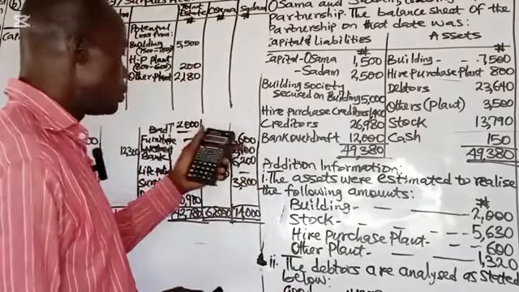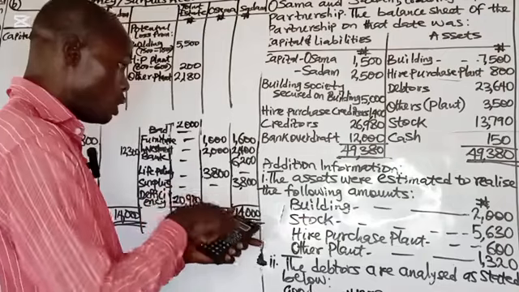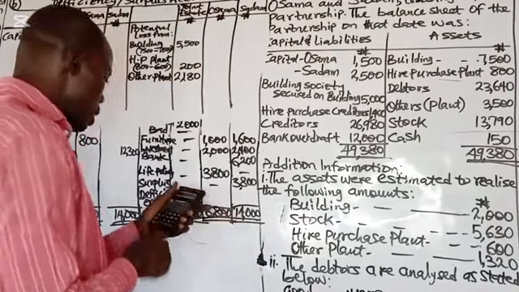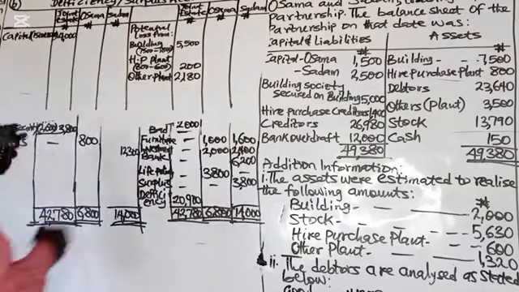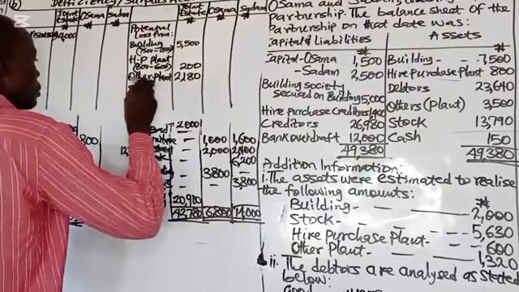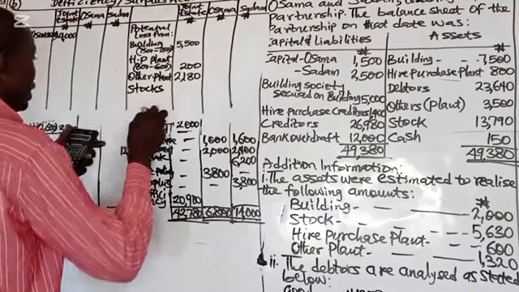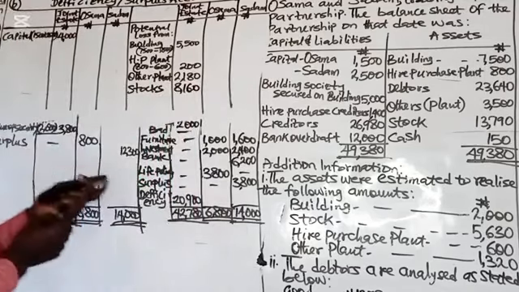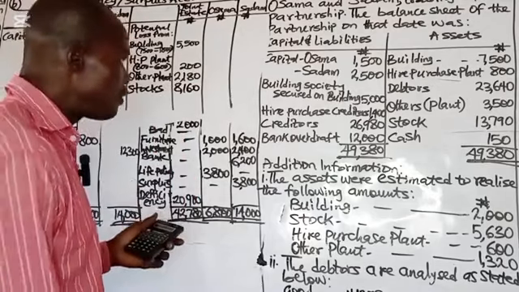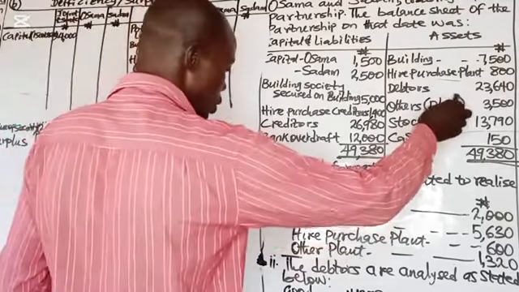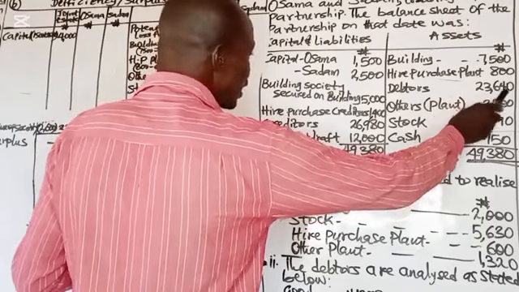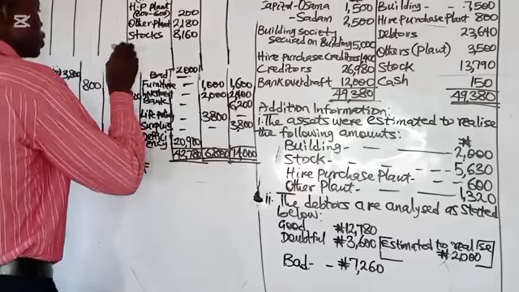I don't want my work to be too rough. That is why we only do the workings with my calculator. So we have stocks, 8,160. Then we have debtors, 23,640.